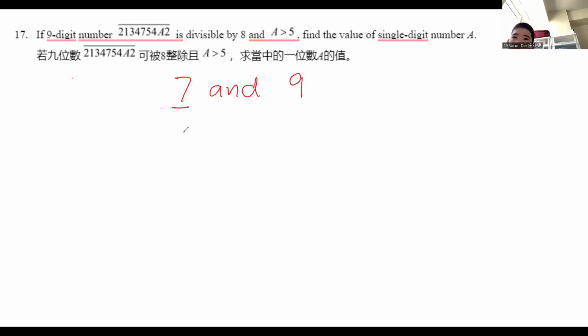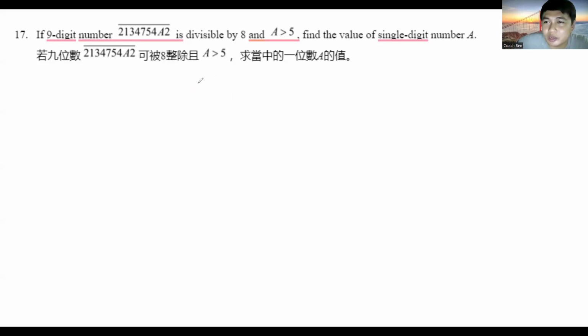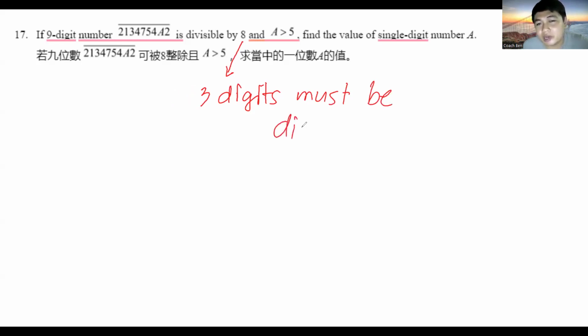Substitute A as 7. Okay, very good. So for number 17, all we have to do is use the divisibility rule of 8: the last three digits of the number must be divisible by 8. So you have 4A2.